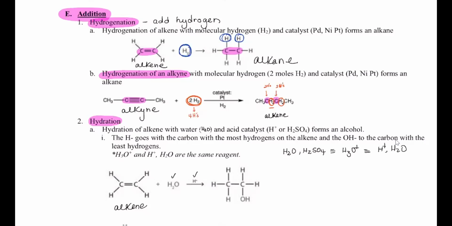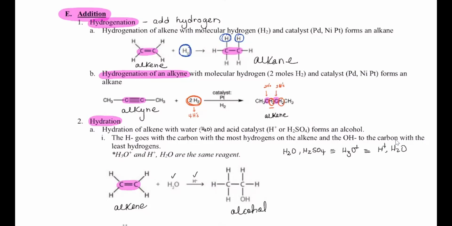So in a hydration reaction, we are going to form an alcohol. In the first example that we have here, when we pay attention specifically to the carbons in the alkene, they are directly attached to the same number of hydrogens.